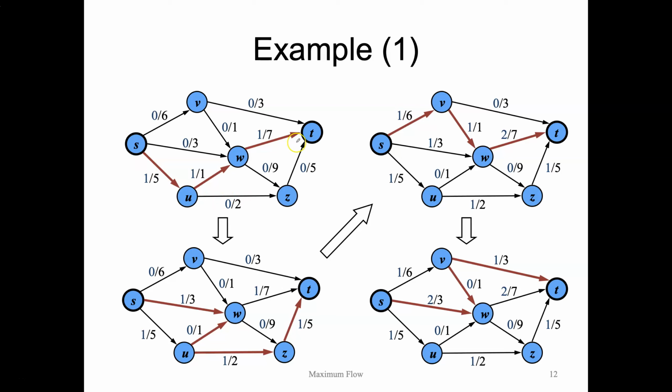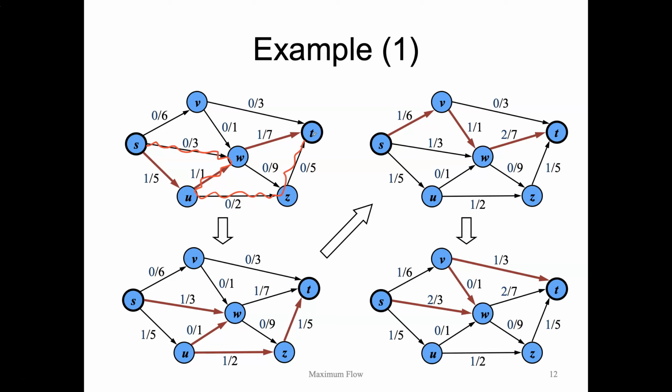Now there are still augmenting paths left to find, so let's suppose that our modified depth first search finds the following augmenting path along this forward edge, this back edge, this forward edge, and this forward edge. Now the residual capacity of this entire path is 1 because the residual capacity of this edge is 3, of this back edge is 1, of this forward edge is 2, and of this forward edge is 5.